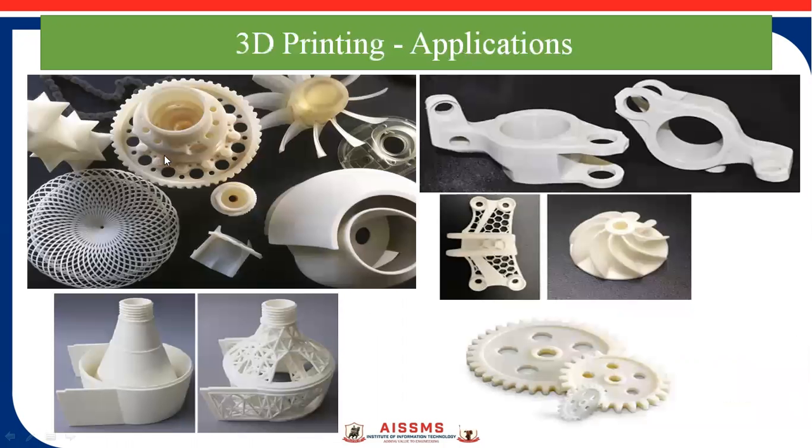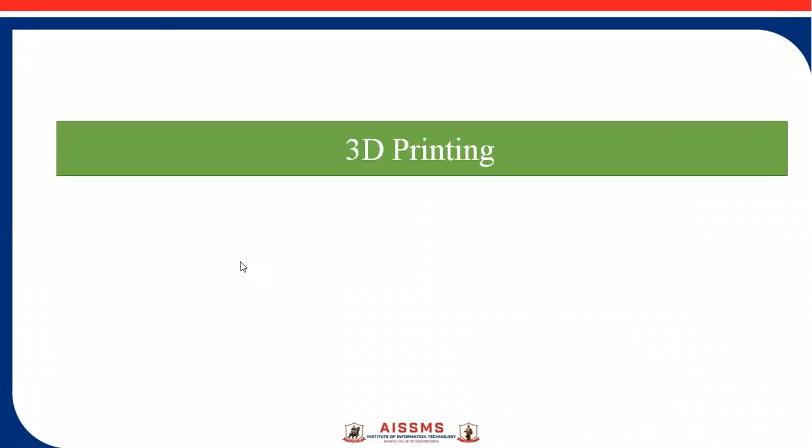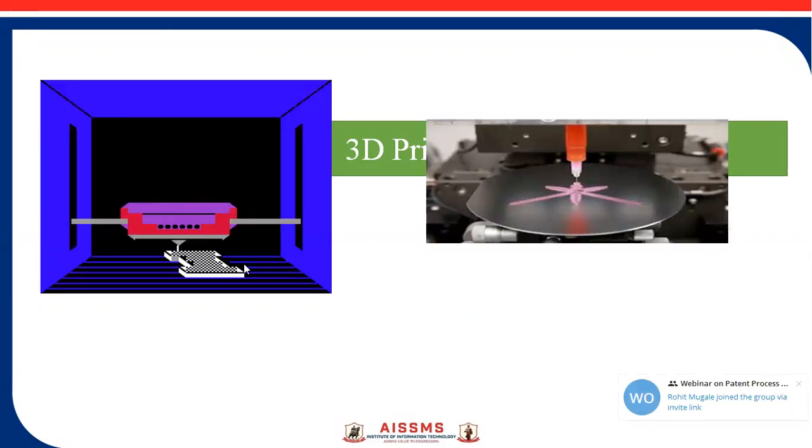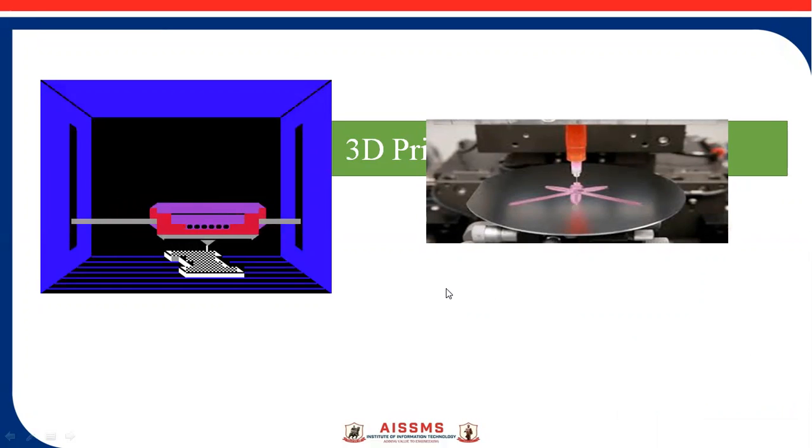So these are the conceptual models we can produce by using 3D printing technology. In 3D printing technology, we can see by animation how the process happens, and how we can generate different components from simple to complicated shapes. You can generate the conceptual model using 3D printing technology.